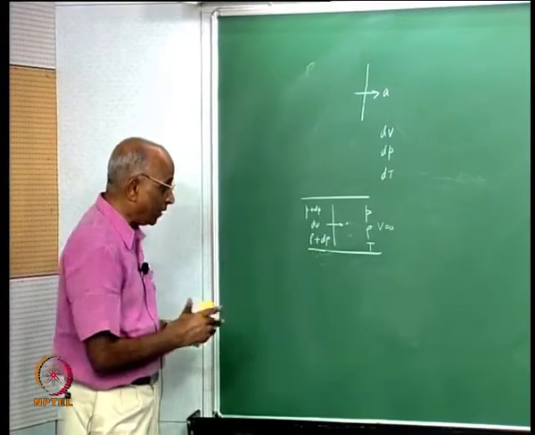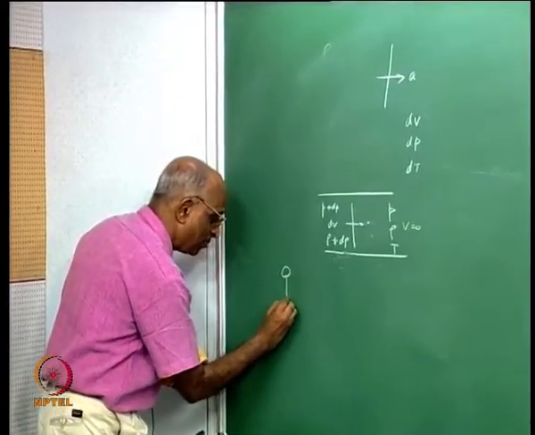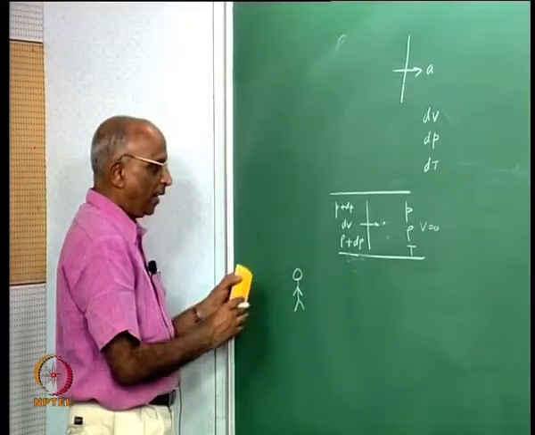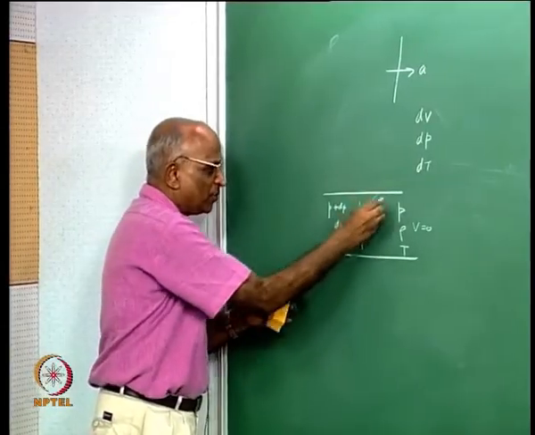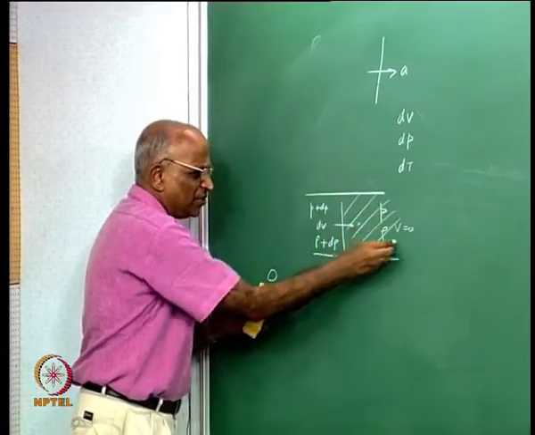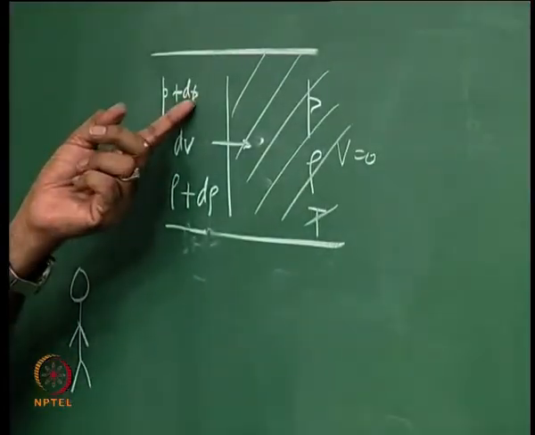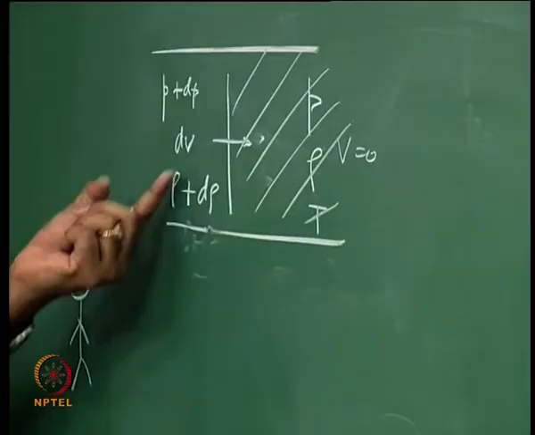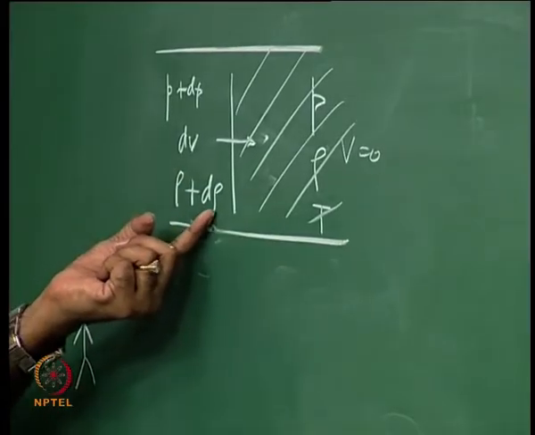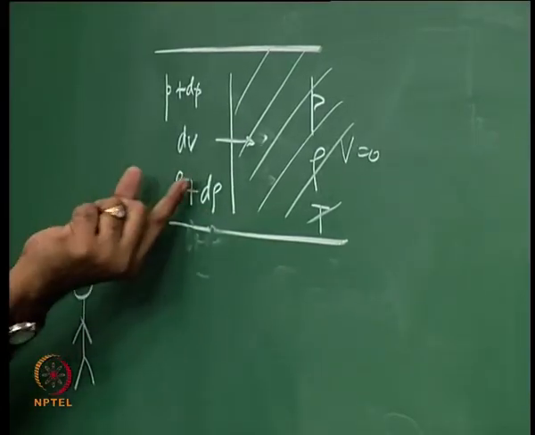Now what is happening? I am standing over here, this is my frame of reference, I am watching the sound wave go by. The sound wave processes this medium which is initially stationary, increases the pressure by dP, increases the velocity of the particles from 0 to dV, maybe the density changes from rho to rho plus d rho, and that is what I am watching.